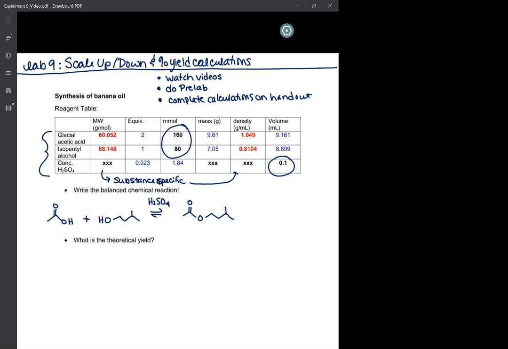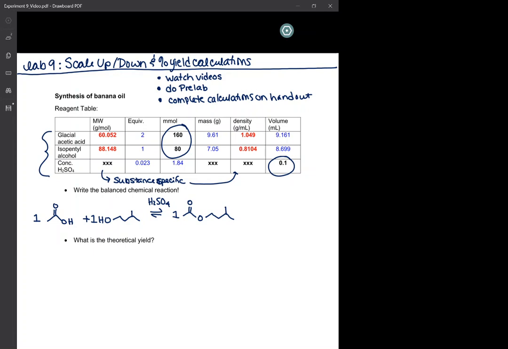Okay, and in this case, we need to know the stoichiometry. And the reaction here is 1 to 1 to 1. Okay, so 1 glacial acetic acid reacts with 1 isopentyl alcohol to make 1 isoamyl acetate. Okay, and so we need to know that stoichiometry if we want to calculate the theoretical yield.